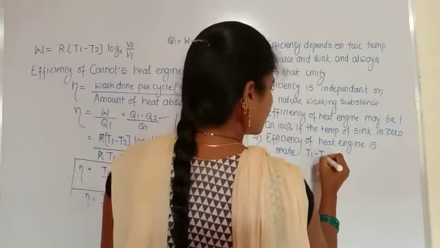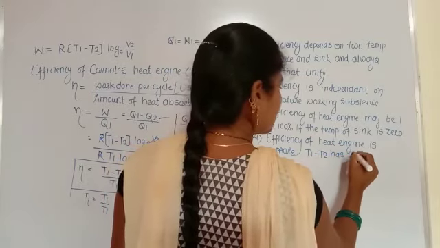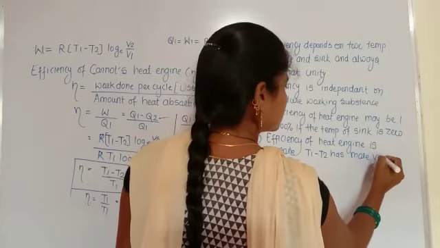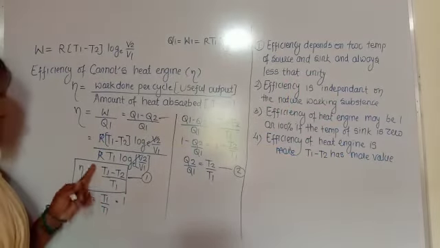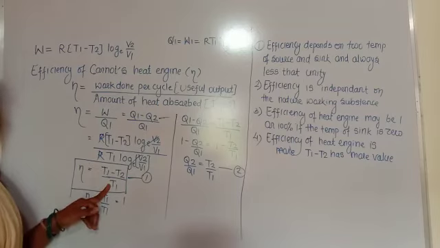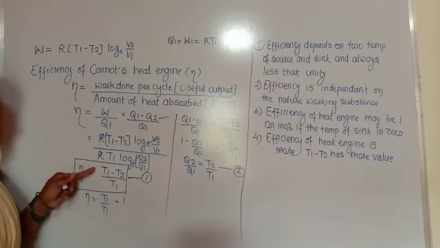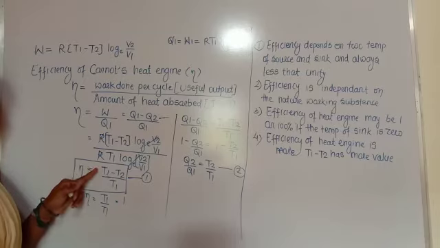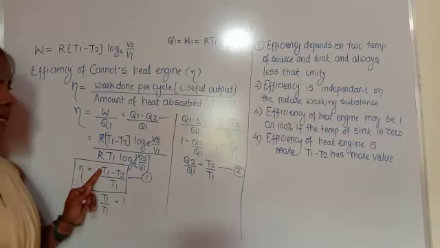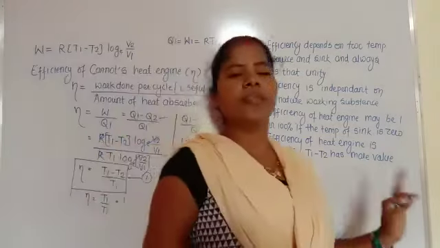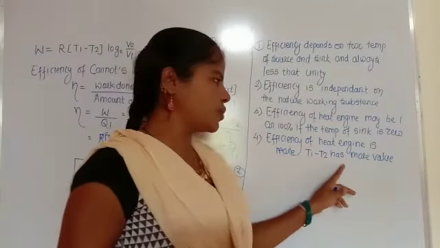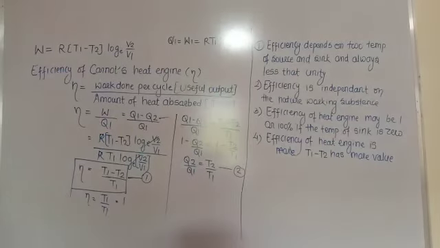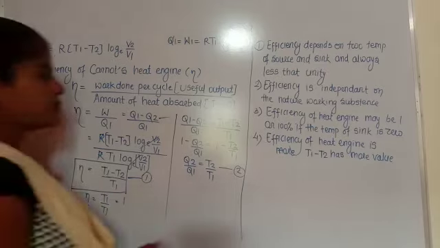As the value of T1 minus T2 is greater and is divided by T1, the numerator becomes a greater value, and so we get a division closer to 1. So the efficiency of a heat engine is more when T1 minus T2 has more value. And the last point: the efficiency is minimum, or 0, when T1 is equal to T2.